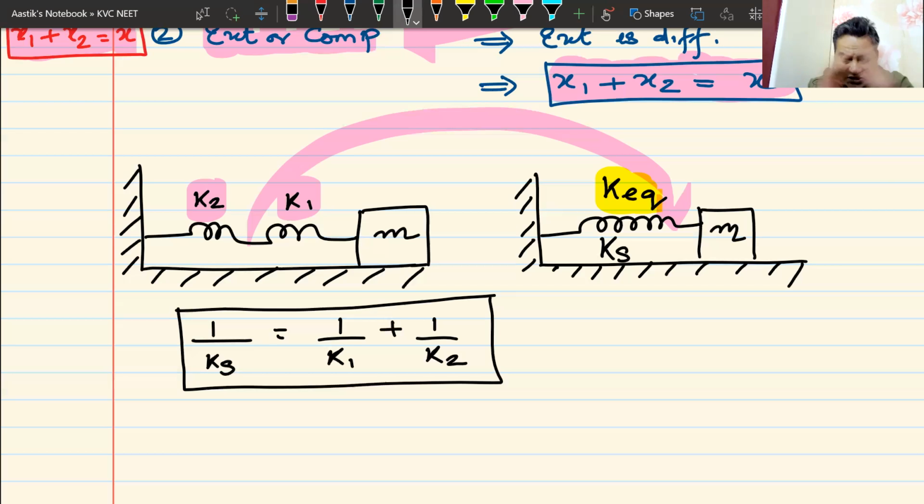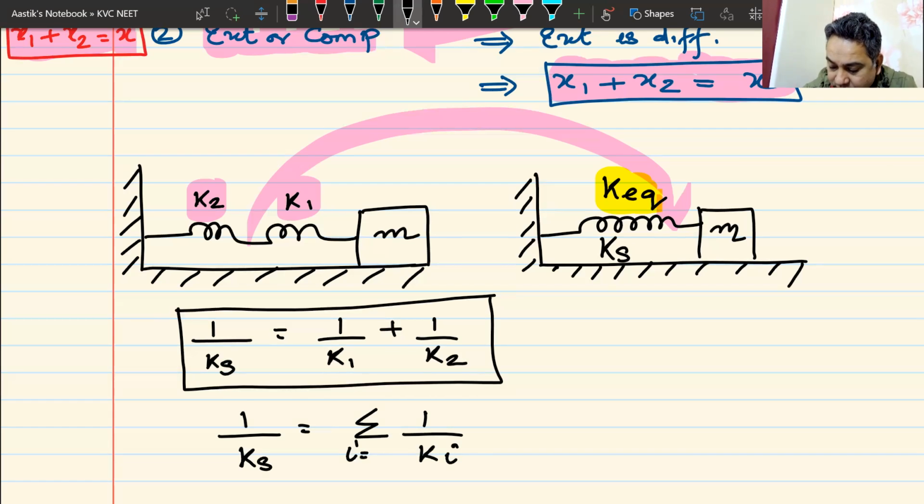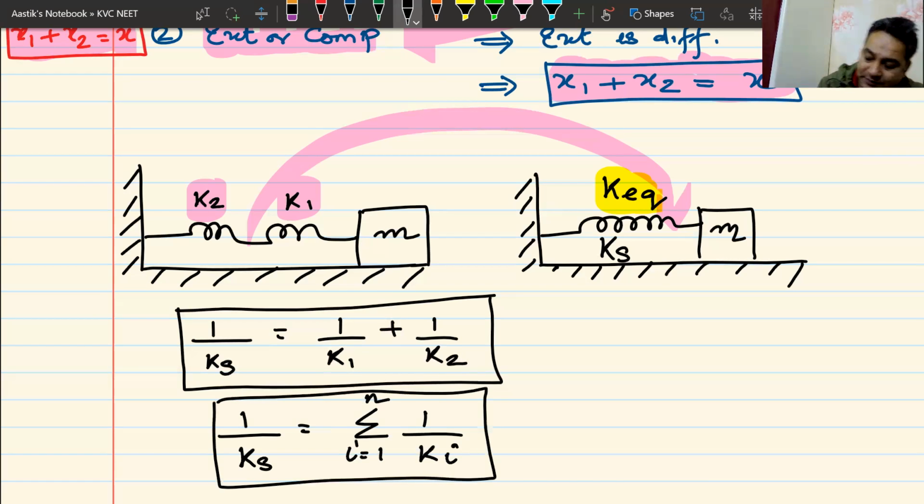In fact, I can extend this formula for an infinite number of springs. So how do I write it? I will write 1 by K equivalent or 1 by K series will be summation of 1 by Ki, i starting from 1 to n. That basically means 1 by K1 plus 1 by K2 plus 1 by K3 and so on.